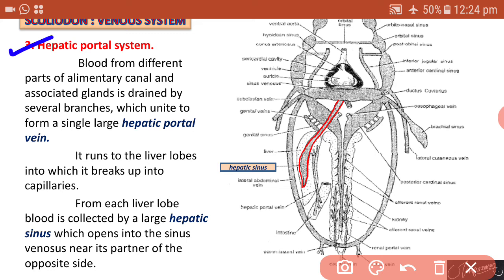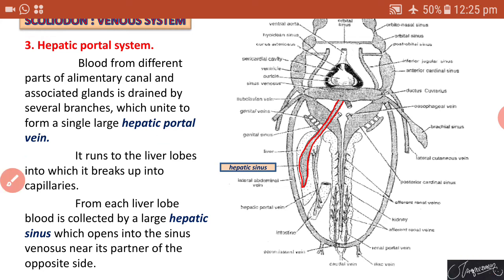There are many hepatic portal veins which collect blood from the alimentary canal and associated glands like the liver and pancreas. There is a major blood vessel called the hepatic sinus. This hepatic sinus collects blood from the liver portion.